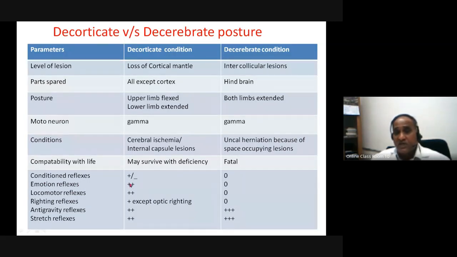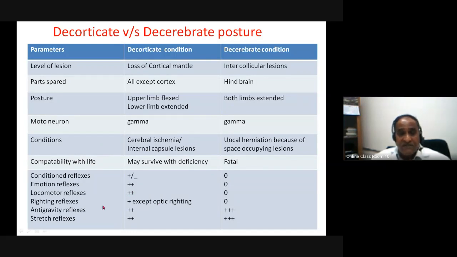Emotional reflexes come from the hypothalamus and some part of the limbic system, which remain spared and are not suppressed by neocortical inputs, so they get exaggerated. Similarly, the medullary locomotor actions are not inhibited, so they are exaggerated in decorticate and absent in decerebrate.